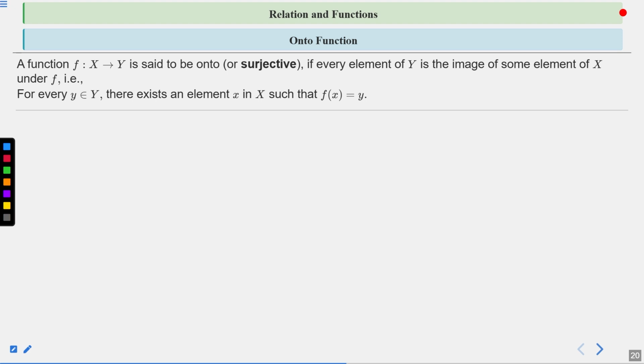So if you pick any element from the codomain set, you must have a pre-image. They exist in X such that f(x) is equal to y. Or every element in this set must be associated to some element from this domain set. Clear?